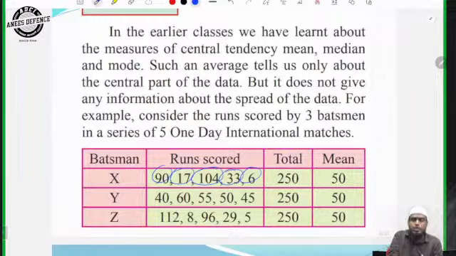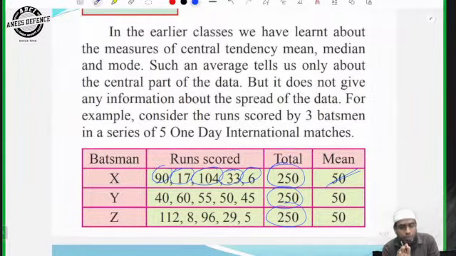If you calculate the sum of this data, the sum of all observations for X, Y, Z is equal to 250. Number of observations is 5. So 250 by 5, you are getting the mean value 50. So there are 3 batsmen X, Y, Z, but the mean value is the same for all 3.